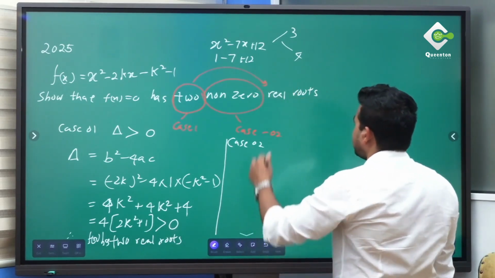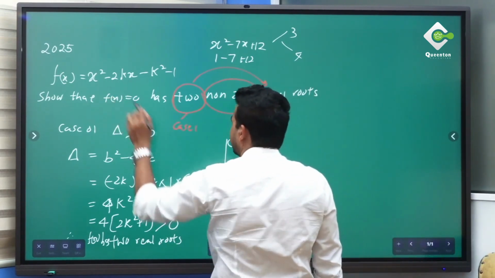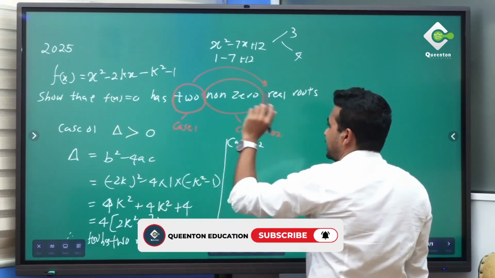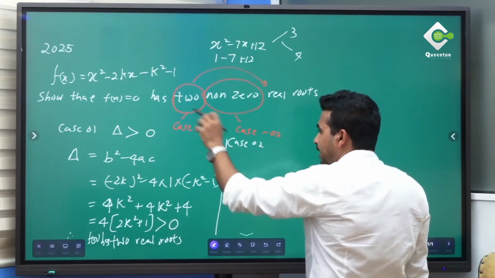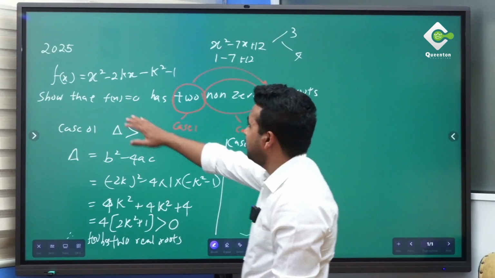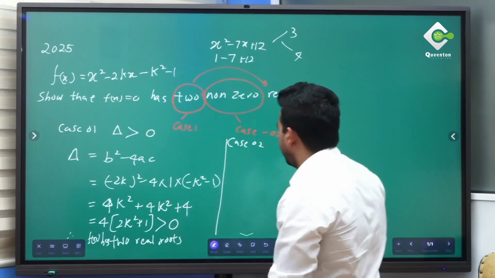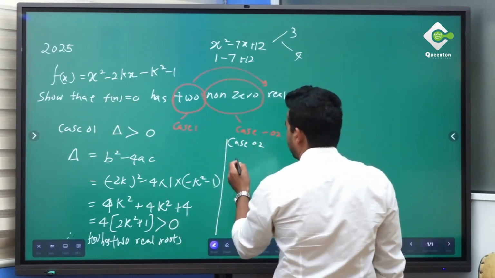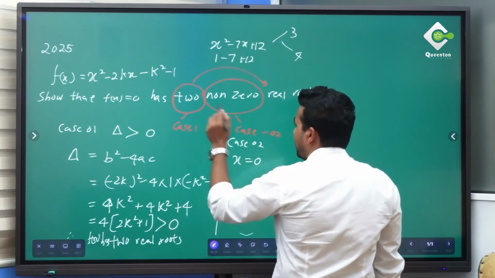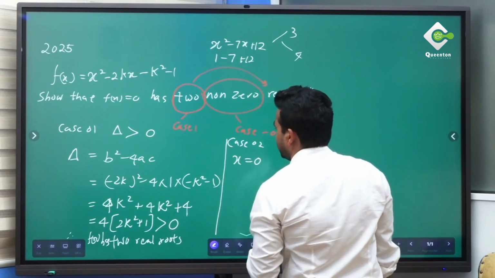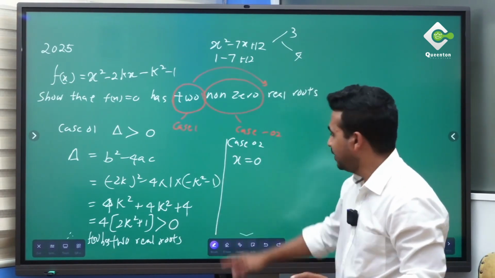Similarly, if the value is not a root, then it can't be 0, right? Here we will substitute x equals 0 to check whether 0 is a root. Can you understand what I am saying?